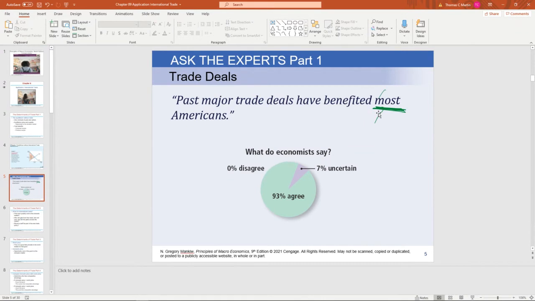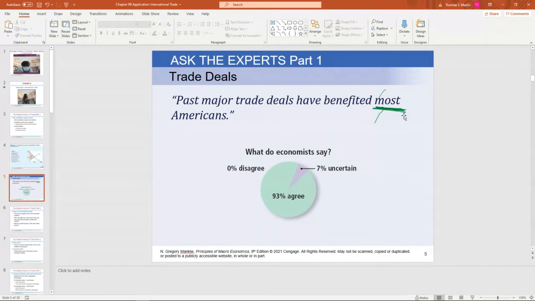It doesn't say all, it just says most. Now, this 7% is trying to figure out who the most are. That's another study all in itself. But most trade deals will benefit us.